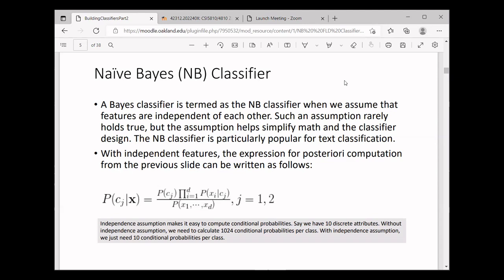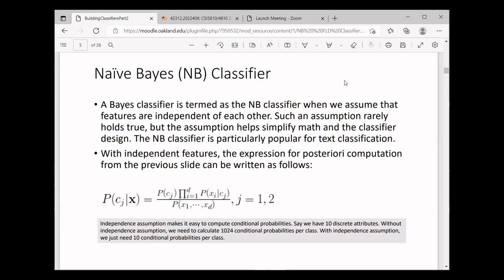On the other hand, when you make an assumption that these features are independent, then all you need to do is to calculate 10 probabilities for class 1 and 10 probabilities for class 2, one for each of those features. So you are coming down from so many probability calculations to such a smaller number.